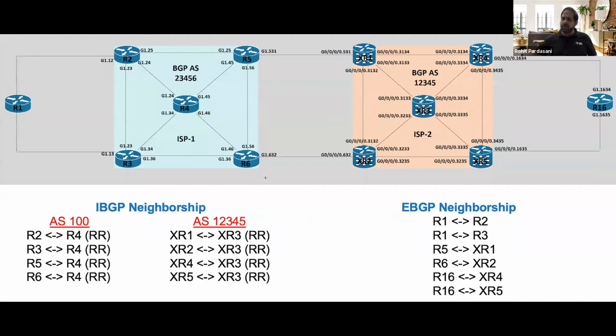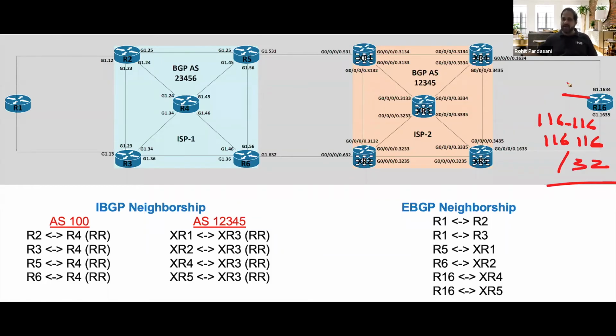I believe on R16, there is one more route which is being advertised, loopback 1, which I believe is 116.116.116.116/32. So we look at that route.